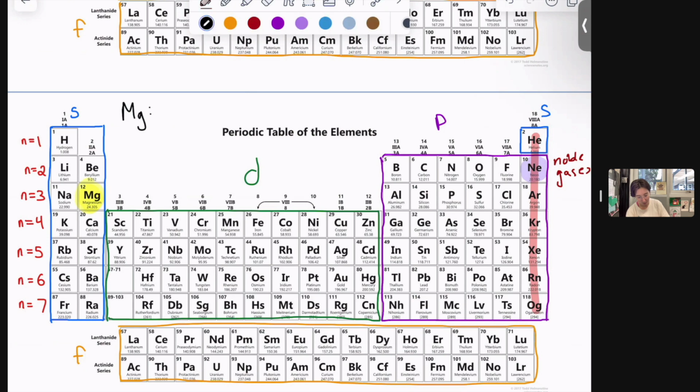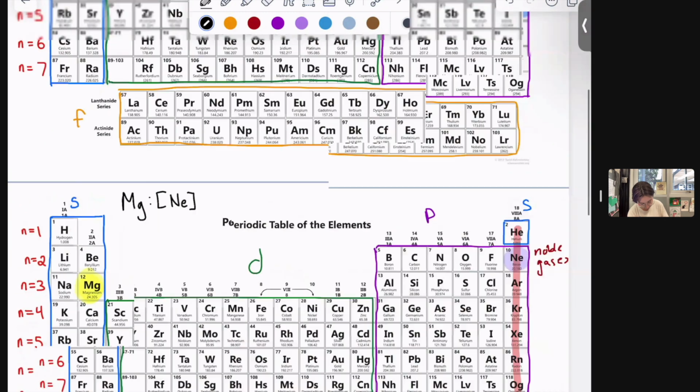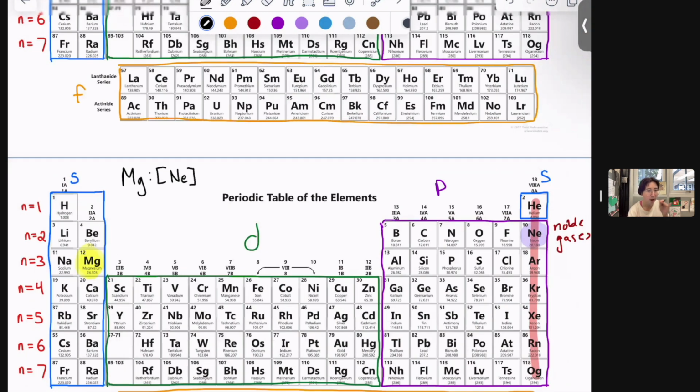So what you can do is in brackets, you write Ne. And what that does is say, again, as we were seeing with the other ones, they follow this pattern. All of the atoms have the same base structure. We're just adding more and more electrons.